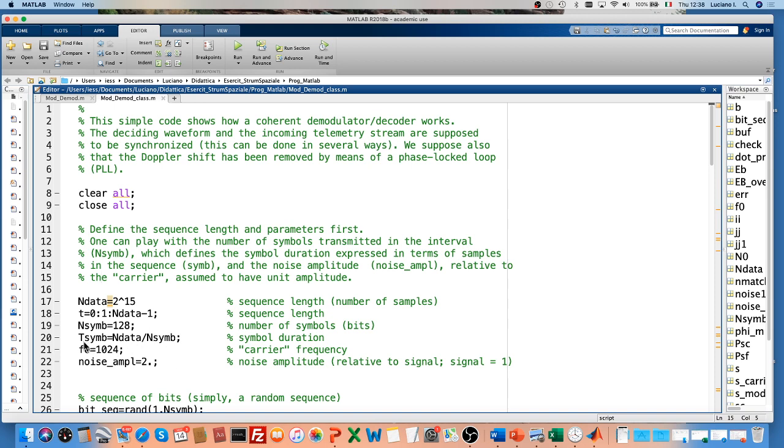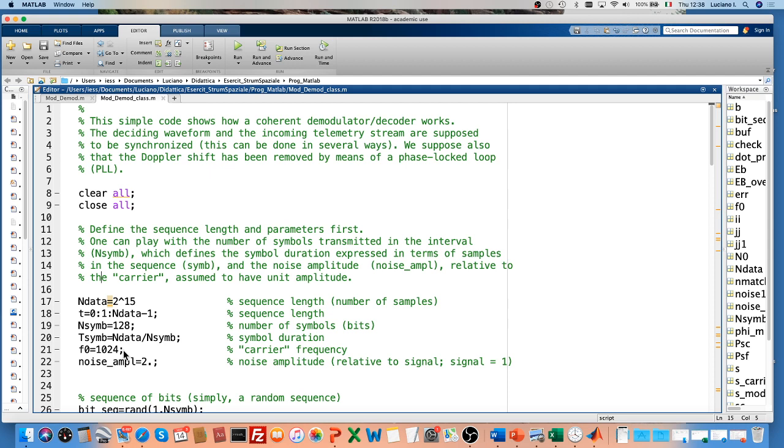Now, what is the duration of the symbol? If I have n data and each symbol lasts 128 samples, the number of bits is equal to n data divided by the bit duration. I impose here a frequency of the carrier.